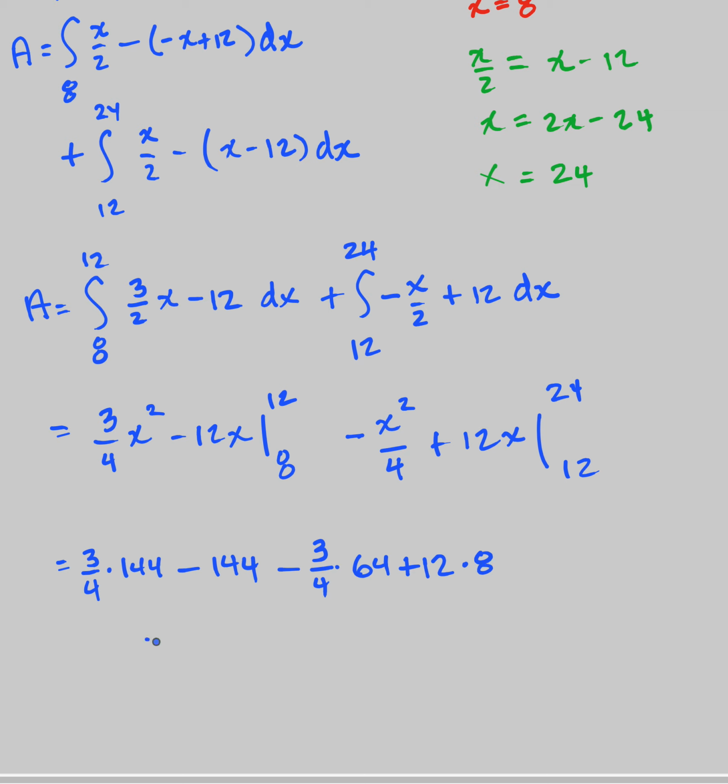We'll have negative 24 squared, we'll figure that out in a minute, divided by 4 plus 12 times 24. And then we subtract off. So subtracting off a negative is going to be plus 144 over 4. Subtracting a positive, minus 144. So then we just have to simplify that expression.